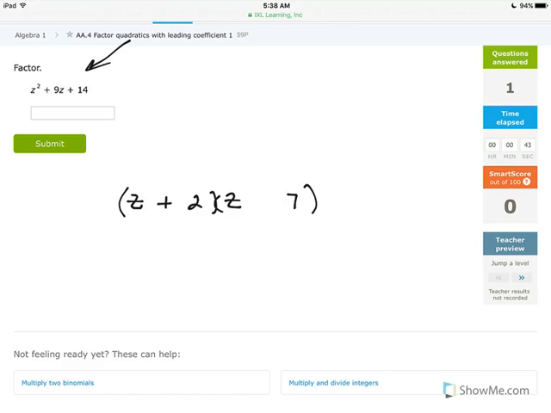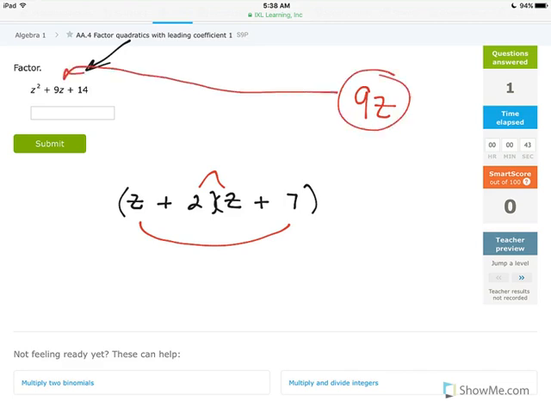And if they're both positive, you're going to get 2z and 7z to make that 9z that you're looking for in the middle there. So those would be your two factors. So you're going to put this in the answer box. So again, the big idea, you're looking for factors of the back number that add up to be the middle number, if you had to summarize this.